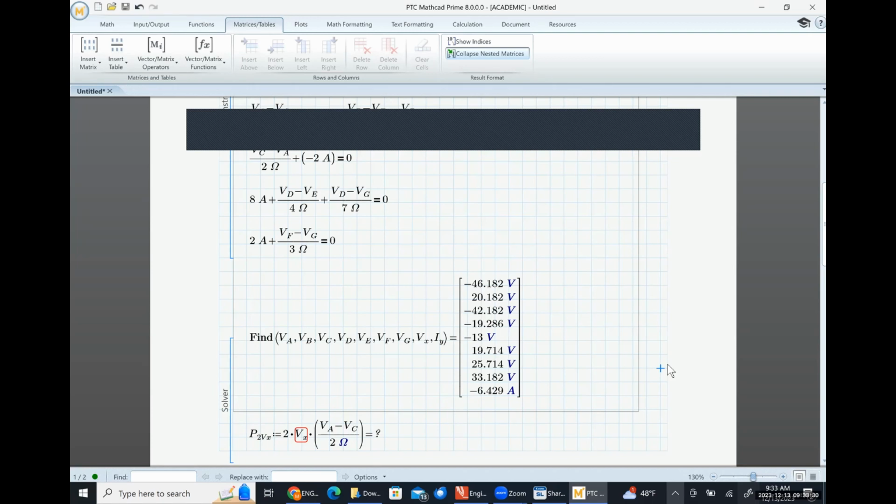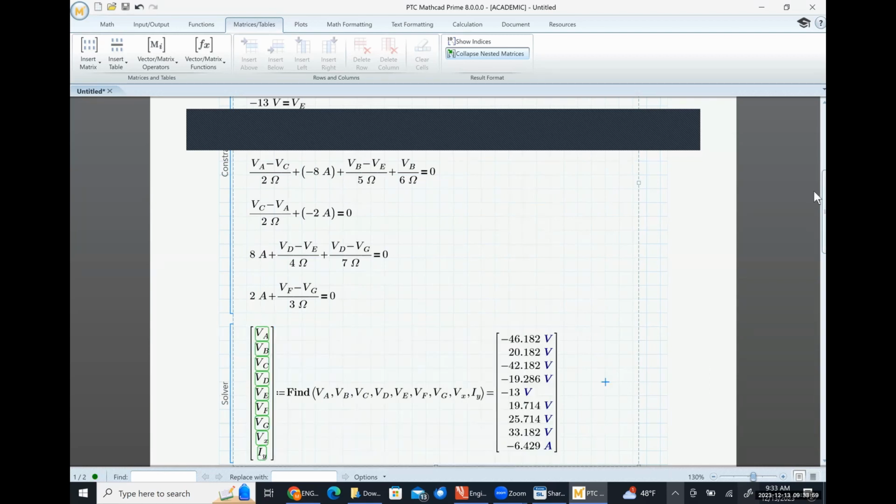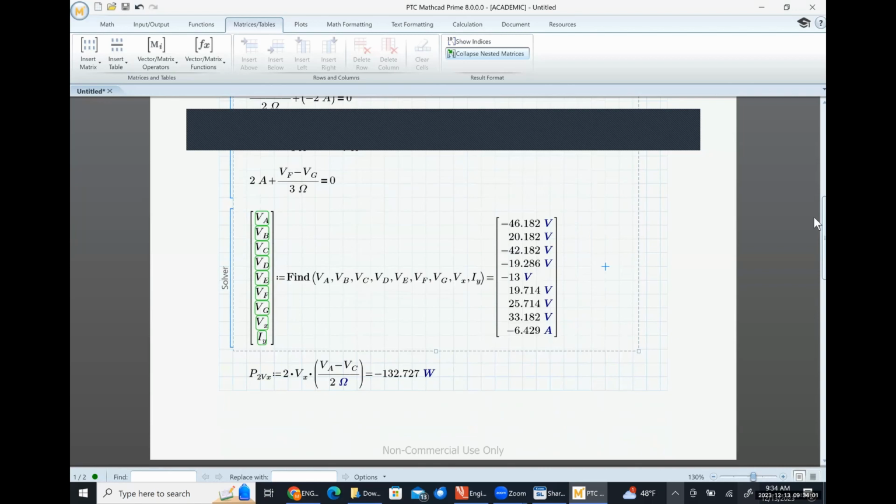So again, it's not explicitly required, but it is very good practice, at least for this class, where we're going to have to do further manipulation of our quantities after we solve for our nodal voltages in order to determine currents and powers and things like that. Okay. So let me just throw that matrix back in there. And again, putting it back in, everything comes out all pretty.